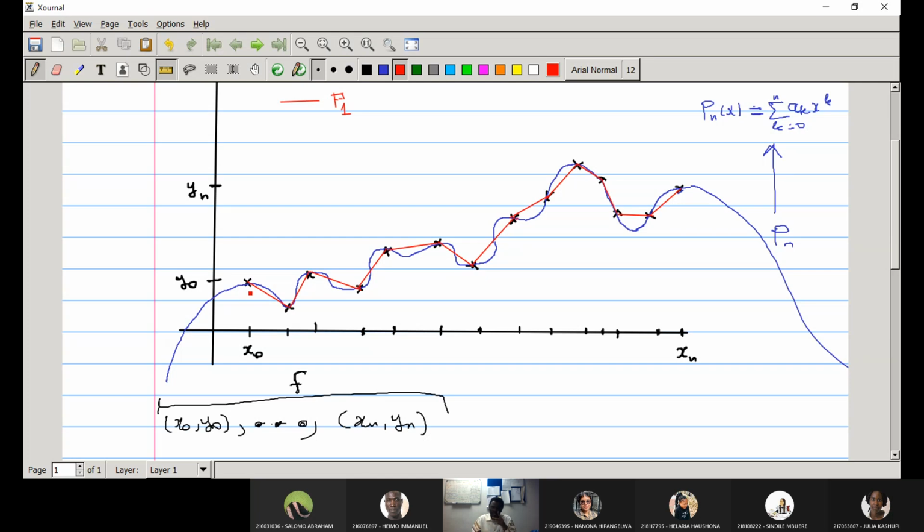So that's why cubic spline is much better compared to first degree and second degree polynomial. But the drawback is that you have to compute more coefficients for each polynomial in the subinterval. That's the only drawback.